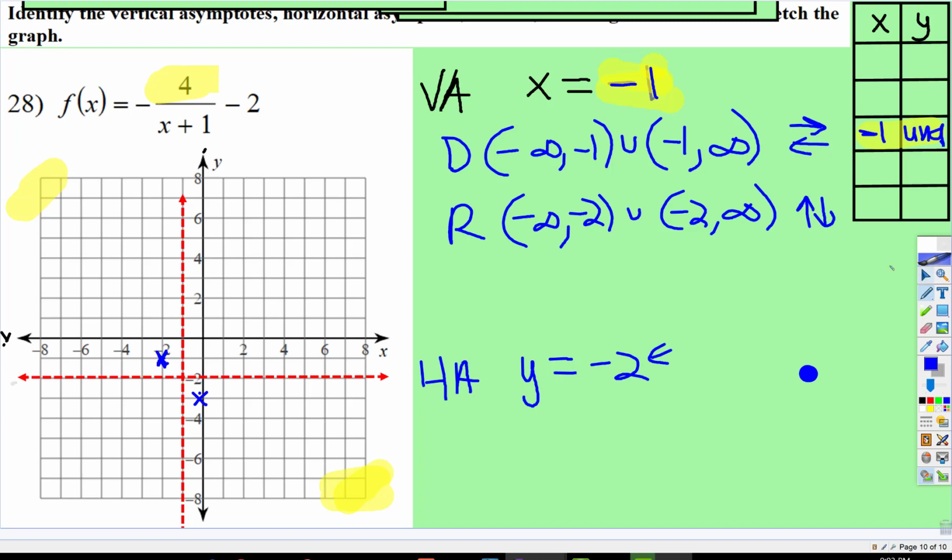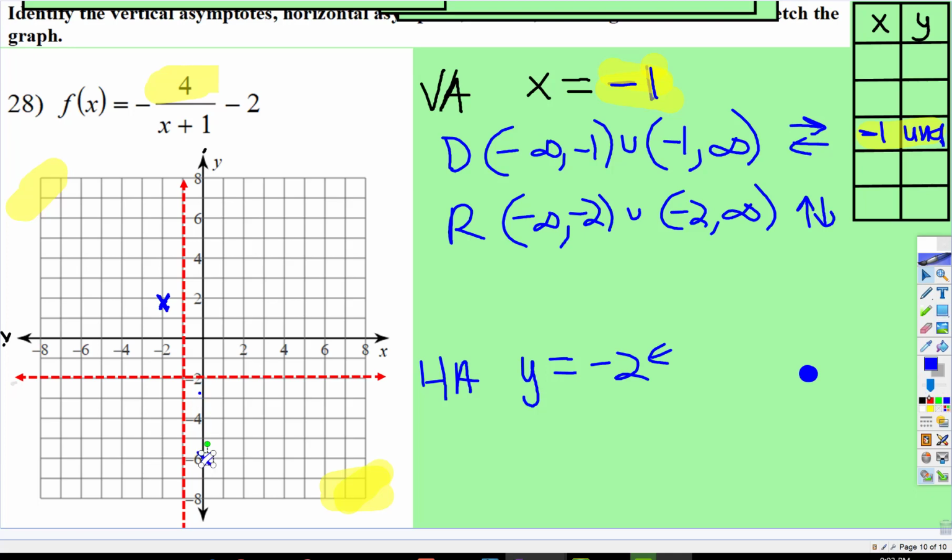We're now going to be 4 away vertically because it's a vertical stretch. So instead of at 1, we're going to be up 1, 2, 3, 4. And then this one right here is 1 away down. We're going to go 1, 2, 3, 4.